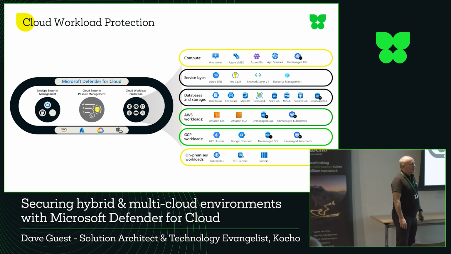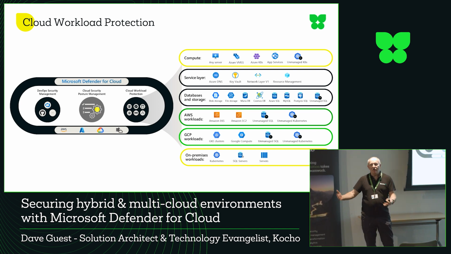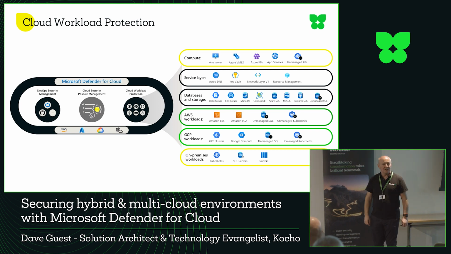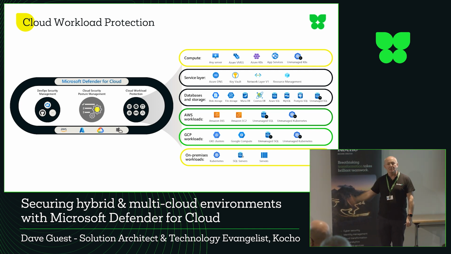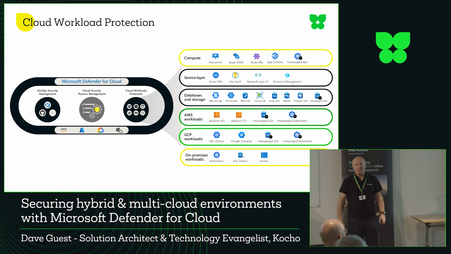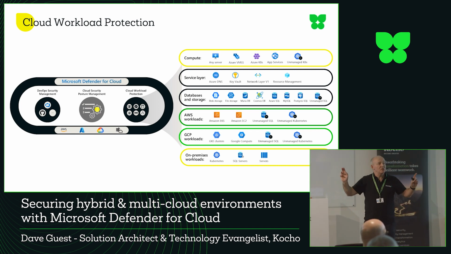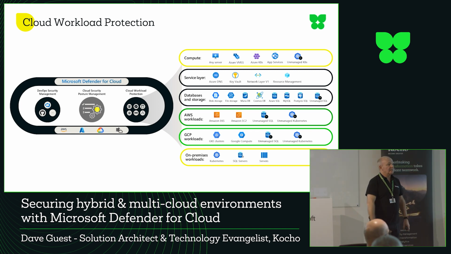Looking at AWS workloads and GCP workloads, things that you've got in somebody else's cloud. How can you manage that? Well, it's simple. We're allowed to. So it makes it easy. And also do your on-premises. On-premises being a virtual term, because it really means in a data center somewhere that isn't GCP or AWS or Azure.